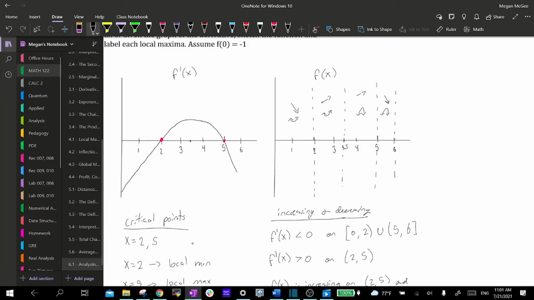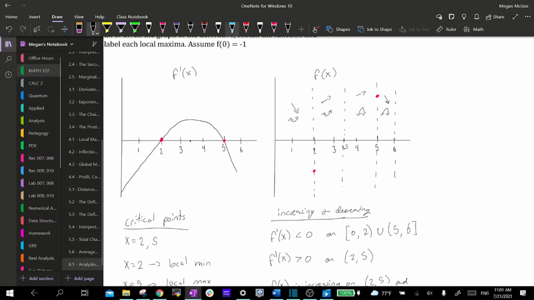If we wanted to, we could go ahead and find the exact values, okay, of our x and y coordinates. I'm not going to do that right now. But we're going to go ahead and say, what about our local minimum being down here and our local maximum being up here? Okay.